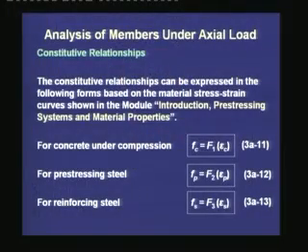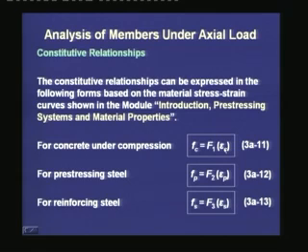Next, we are moving on to the third principle of mechanics, which is the constitutive relationships. The constitutive relationships can be expressed in the following forms based on the material stress strain curves shown in the module of Introduction, Prestressing Systems and Material Properties. For concrete under compression, we have an expression Fc is equal to some function of epsilon c.